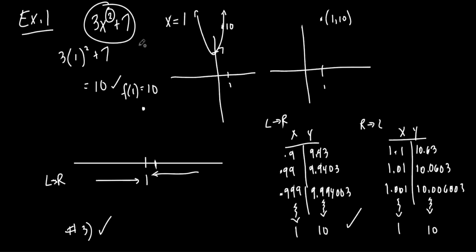Now, if they said stuff like x can't be equal to something, then it might be discontinuous. But if they don't give you any of that kind of stuff, this is going to be a continuous function. All right? Does that make sense? All right. I told you this is weird stuff, but I think I'm explaining it fairly well. But like I said, it's hard to explain stuff when it's weird to begin with.